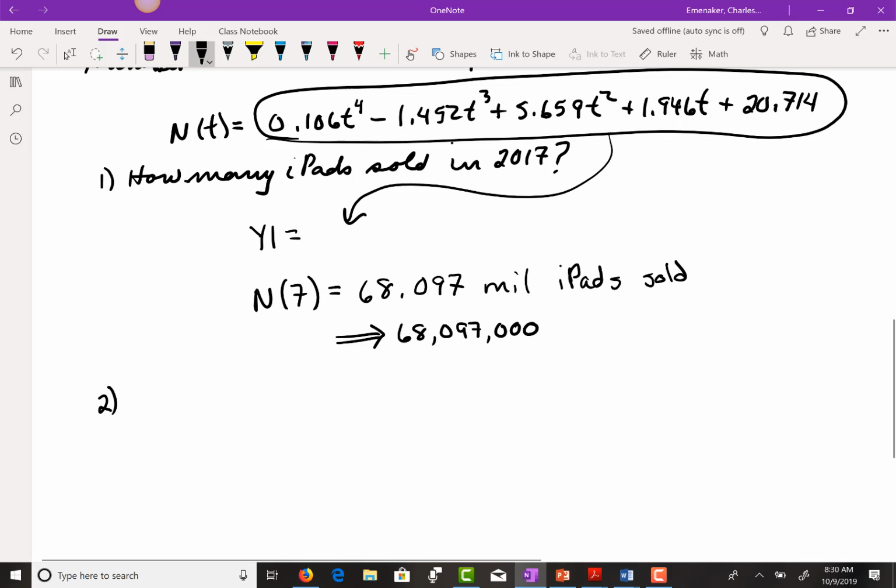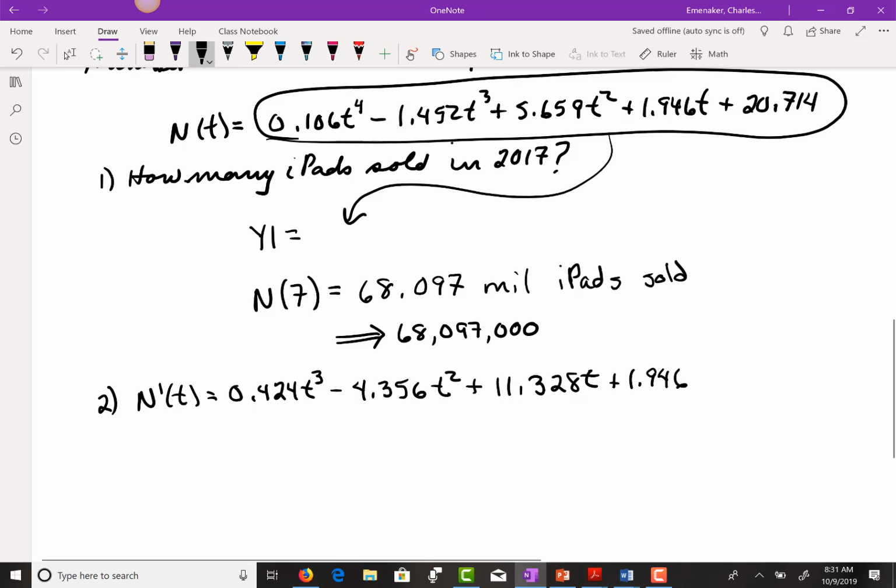What I would encourage you to do when you take the derivative of this, it's going to be 0.424 t cubed minus 4.356 t squared. I think I did that right. Plus 11.328 t plus 1.946. I think I did the multiplication right, was just doing it on the fly. There's the derivative.